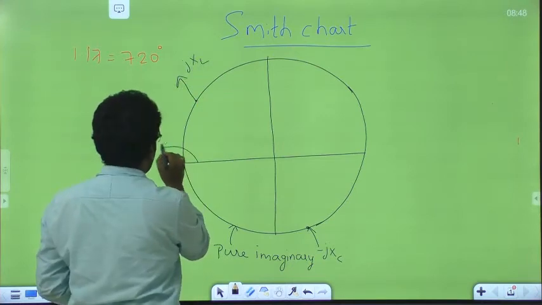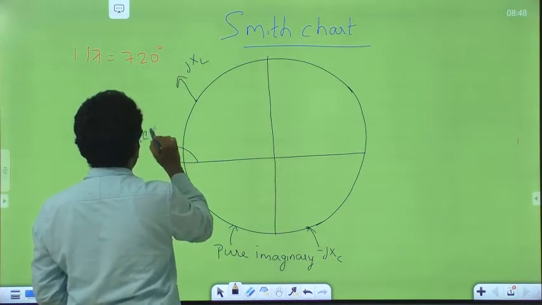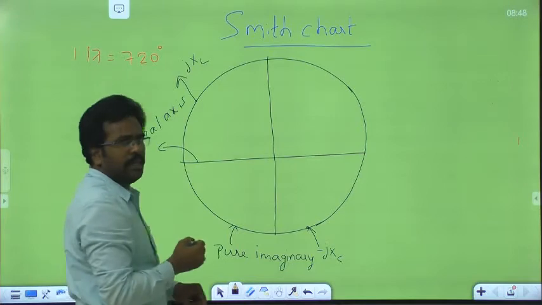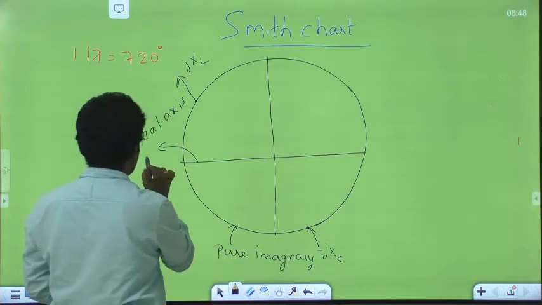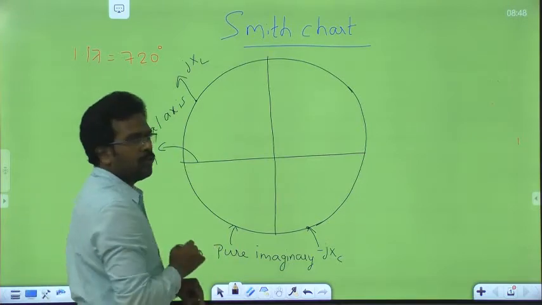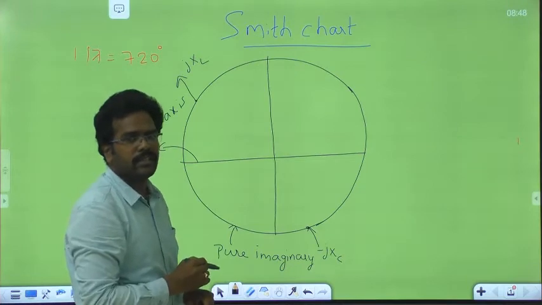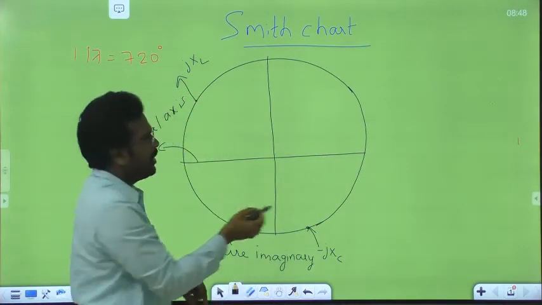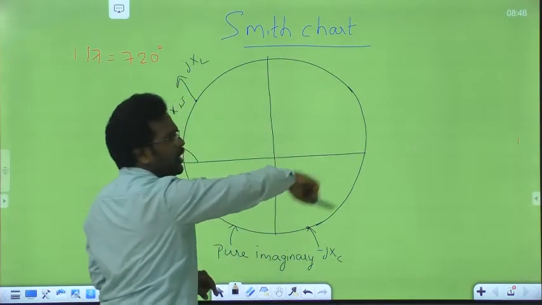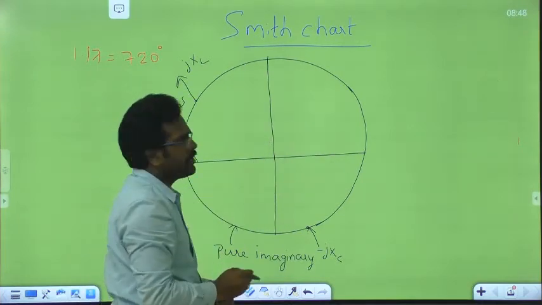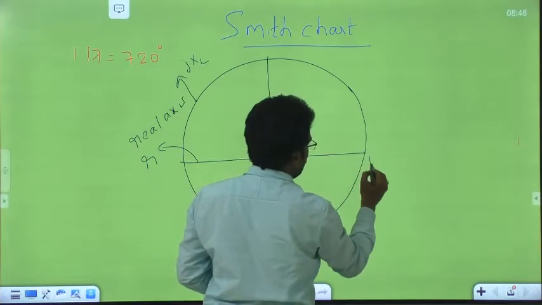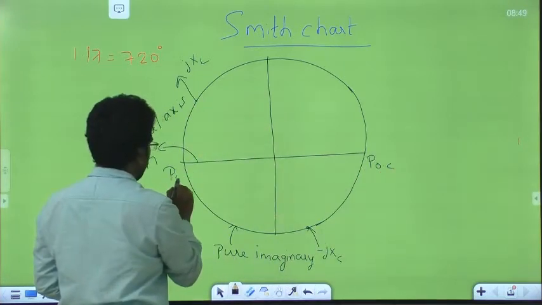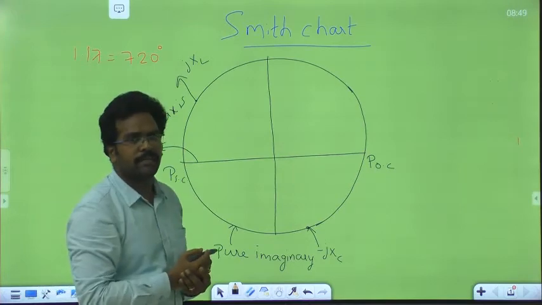And this is called the real axis. Here it contains only purely resistive loads, normalized resistance. At any point on this line, it contains only real values. At any point on the outer circle, it contains only imaginary values. So this is the POC point, and this is the PSC point. So this is our Smith chart.